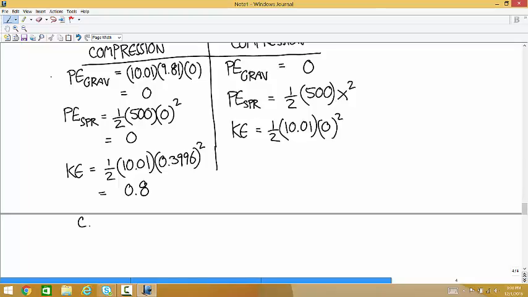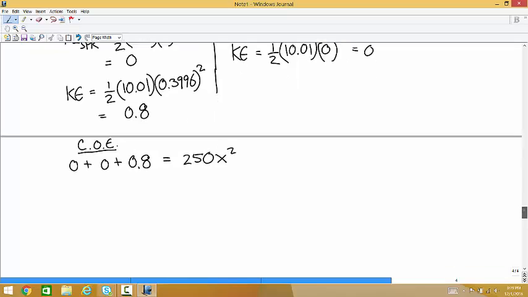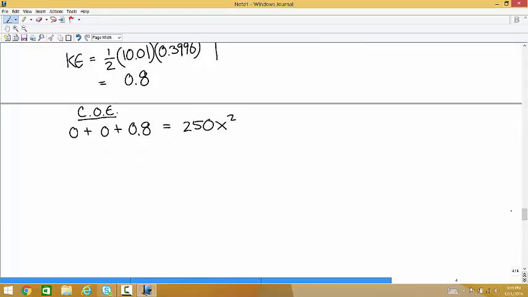And now conservation of energy says 0 plus 0 plus 0.8 is equal to, oh, this was 0, is equal to 250 x squared. So x squared is equal to 0.8 divided by 250. What's that? 0.0032.